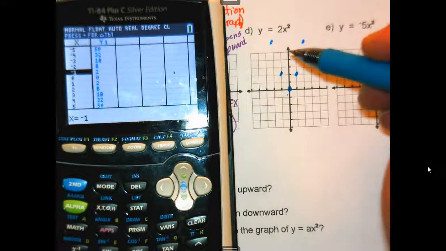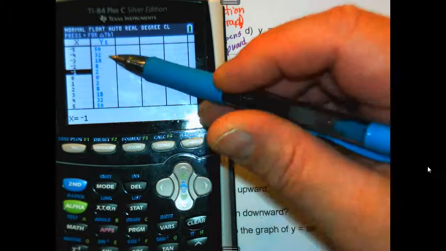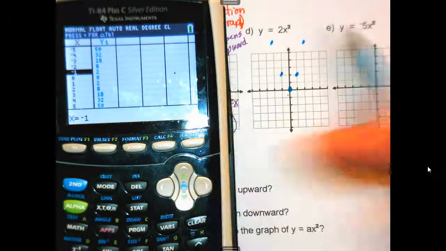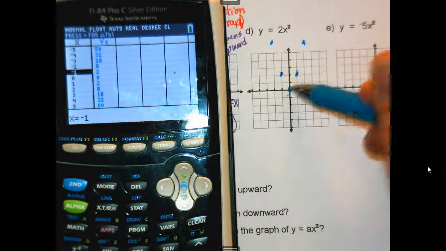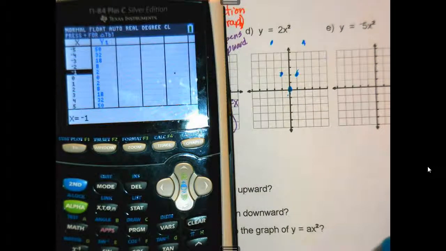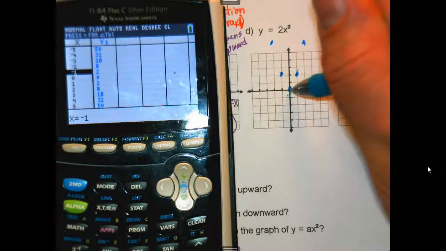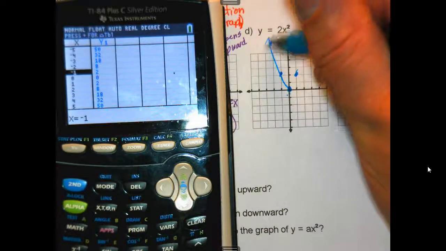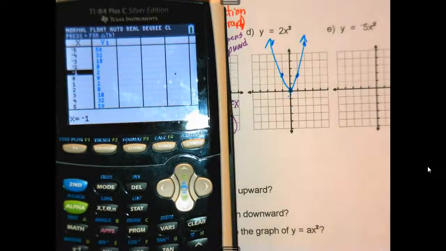I'm just plotting these points. But I like using 5 points. You could actually do it with 3. You don't need 5. I just like using 5 because I'm a terrible drawer and it makes it more accurate for me. I'm just getting those off of the table.